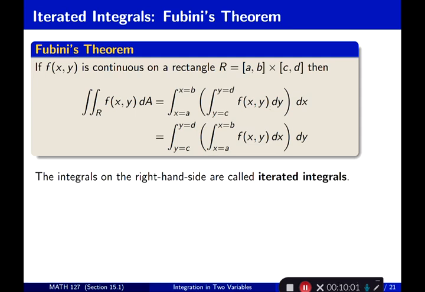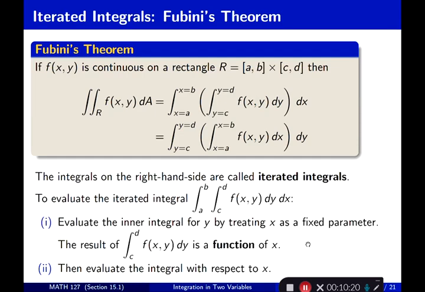Basically, you're breaking down an integral in two variables into two integrals of one variable, one inner integral and one outer integral, according to all the stories that we told. The integrals on the right hand side are called iterated integrals.